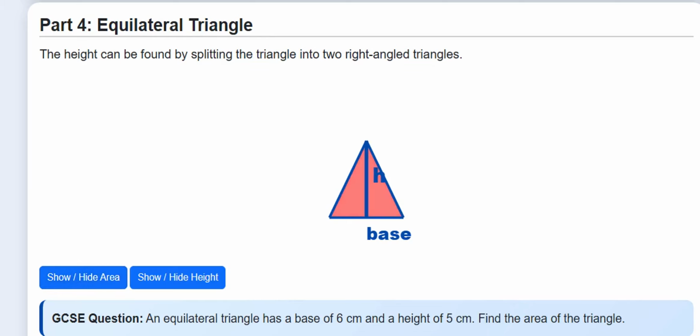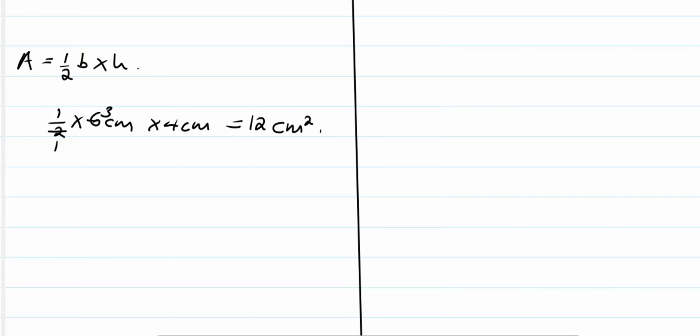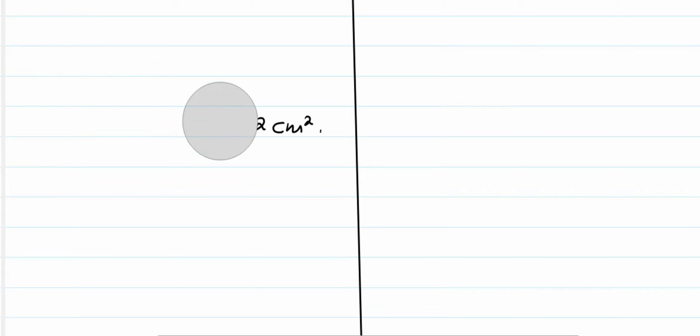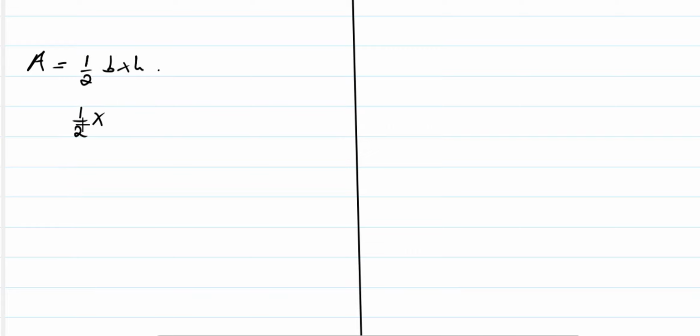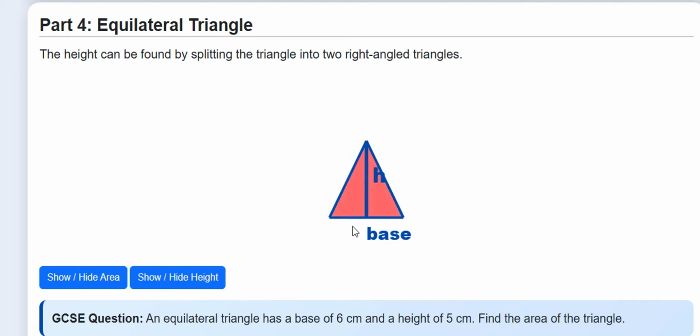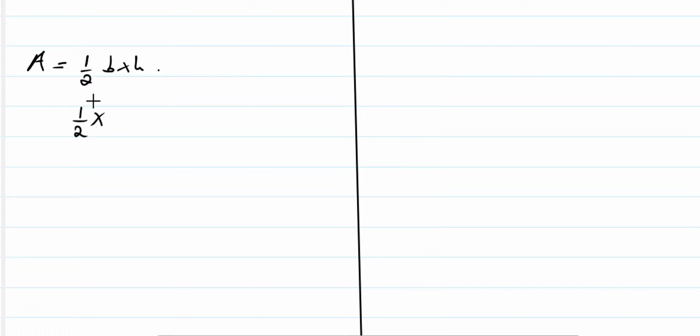So we go back to our board and we clean it first. As usual, we know the formula for getting the area of a triangle is half base multiplied by height, like this. So it will be half multiplied by base, which is 6, then height is 5.